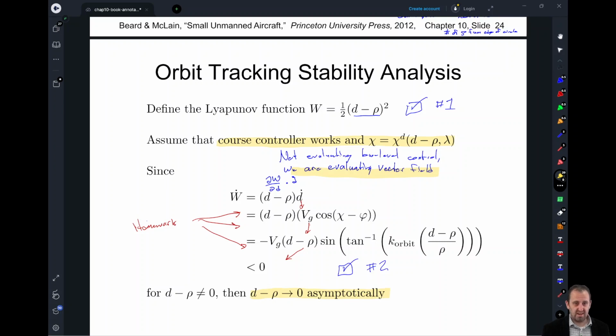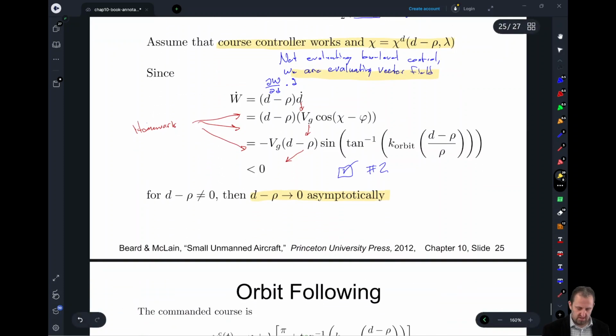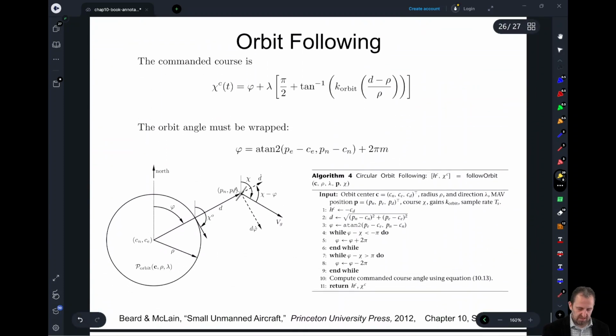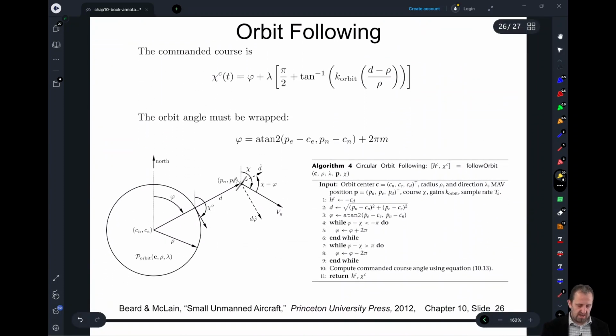It doesn't say that our aircraft will go to that orbit. So a couple of things that we need to be careful of. We have our commanded course angle. What we need to do is make sure we're wrapping. So here's our command. This is what we already developed.